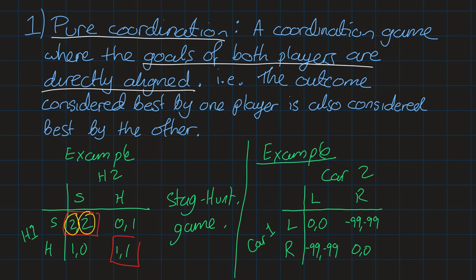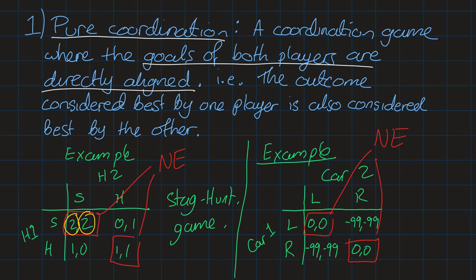Okay. So again, in this game, there are two Nash equilibrium. The red boxes. Maybe I should actually say this. These are the Nash equilibrium. There's two, which is more than one, which means it's a coordination game. And it's a pure coordination game because the best outcome for car 1 is a 0 and the best outcome for car 2 is a 0, and they happen at the same time.